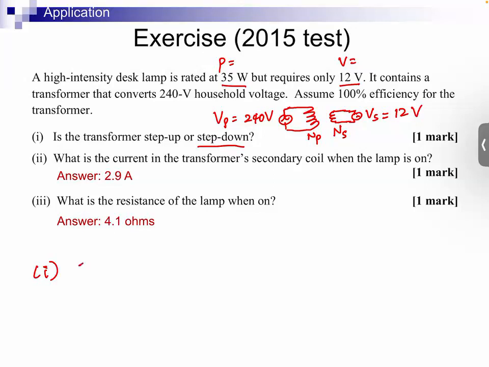You want to convert 240 volts mains voltage to 12 volts. You want to decrease the voltage using the transformer. Therefore, it's a step down transformer that you need in this case.